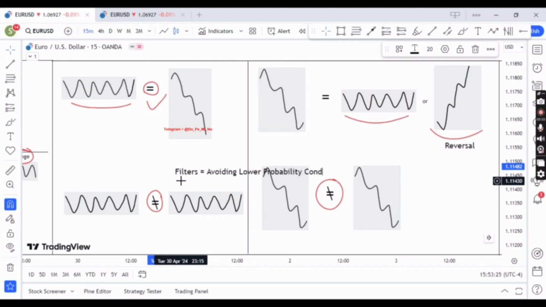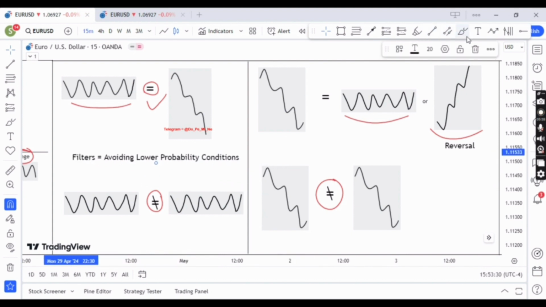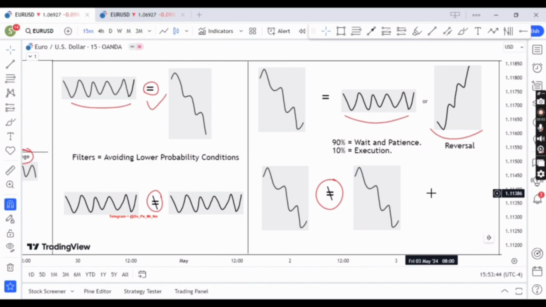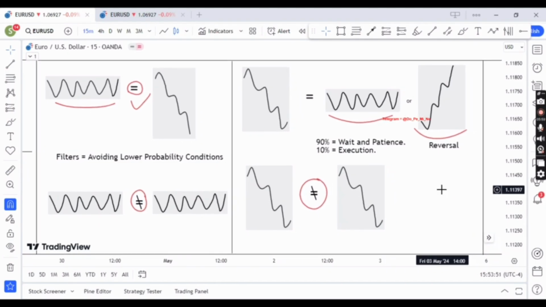Now most of you know that 90% of the time trading is all about patience and waiting for the right setup, and then the rest is executing your trade, which means that most of the time you're going to wait for your setup to form, and for it to form at a specific time of the day or at a specific market profile, and then you're going to execute your trade. So if you did not know about market profiles and did not use it in your trading, then you wouldn't have a filter which could make you avoid lower probability conditions, right?